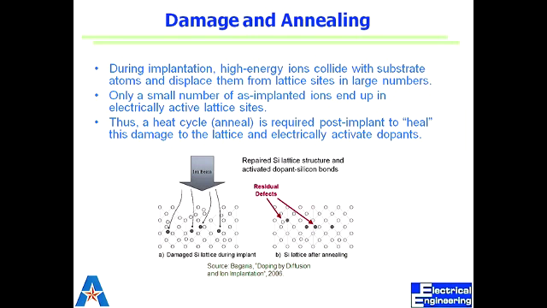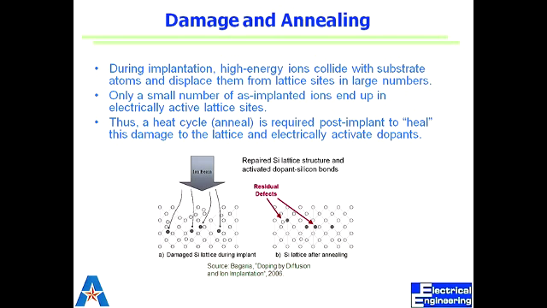So what we need to do is bring them back to the lattice, so we can electrically activate those lattice sites. That is done by heating it, what we call annealing. So after implant, we have to do annealing. What it does is heal the damage of the lattice and make the dopants electrically active.